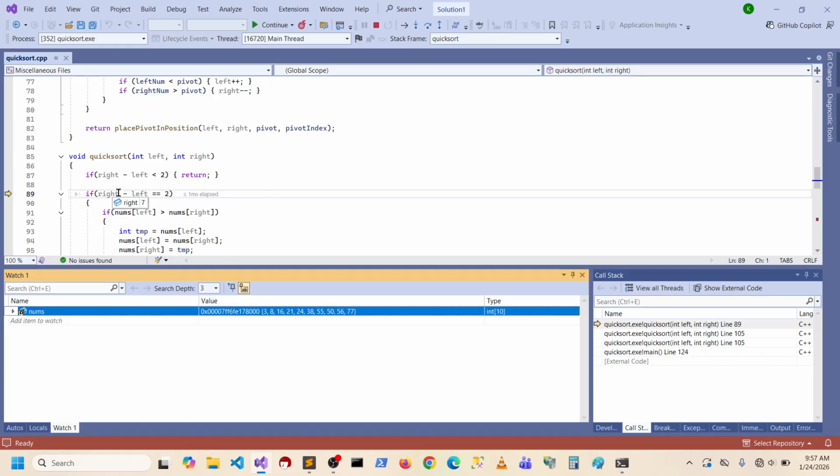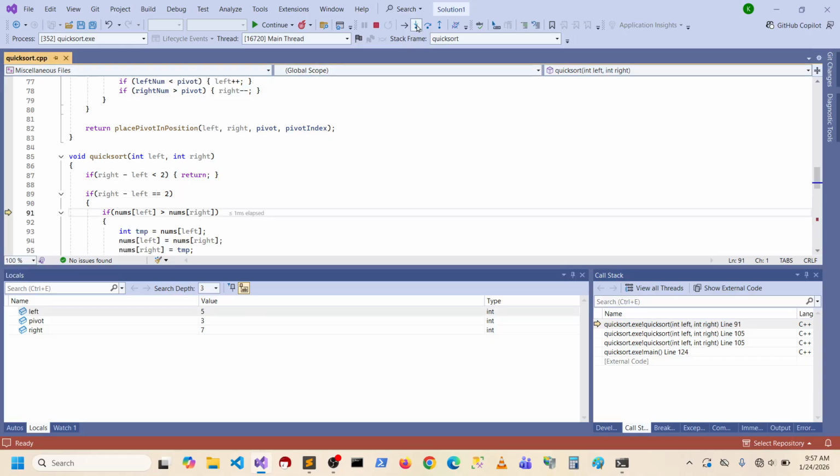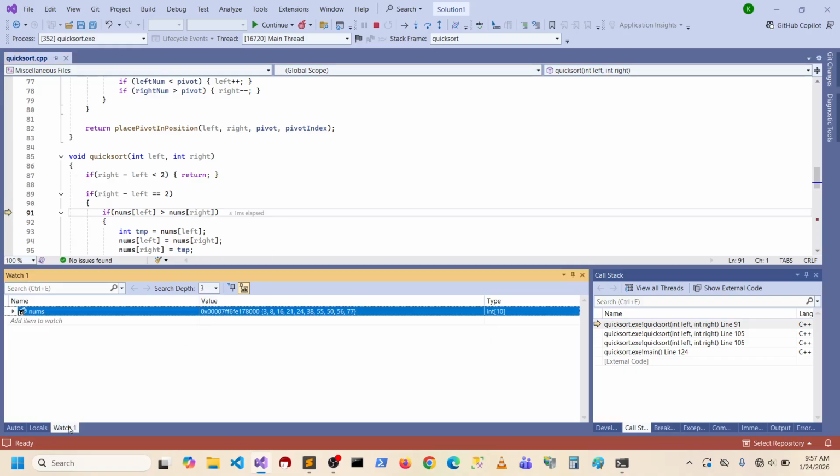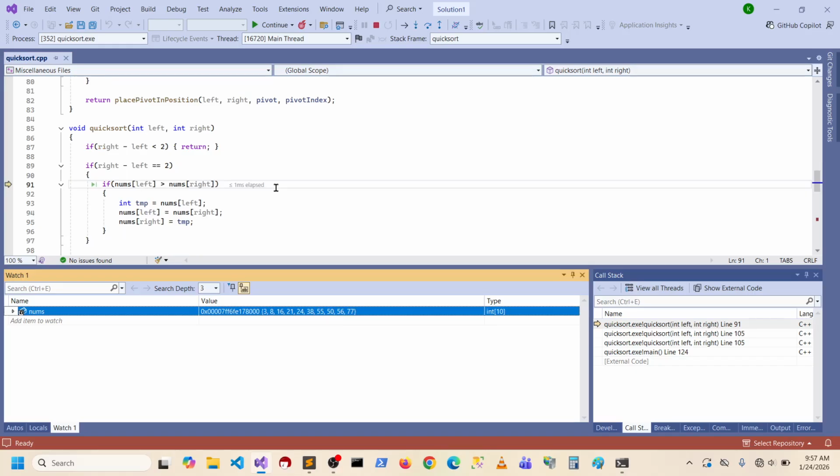So this is going to trigger: right minus left is definitely less than or equal to 2. Oh, so nums left, nums right, and so on. So 38 is not greater than 50, so that's not going to run.